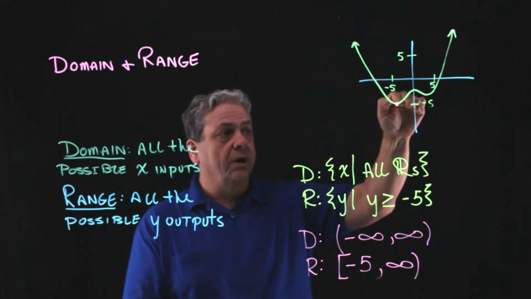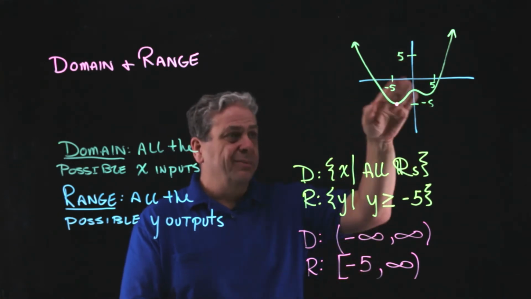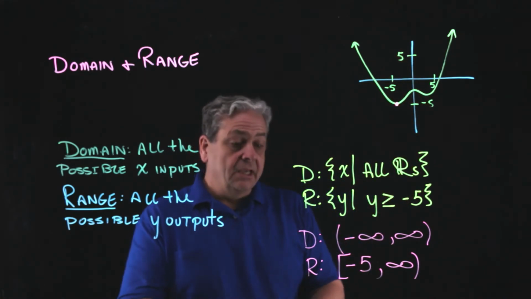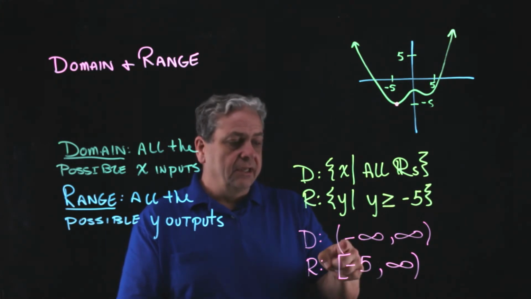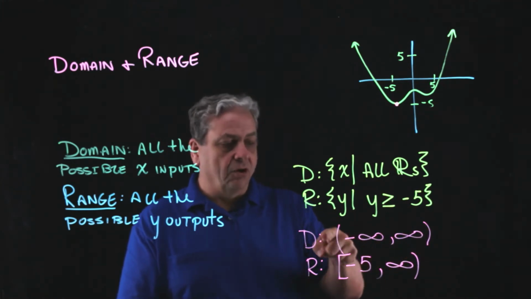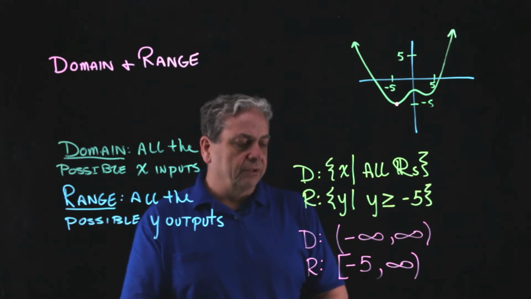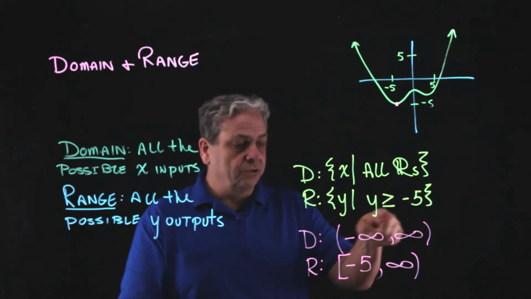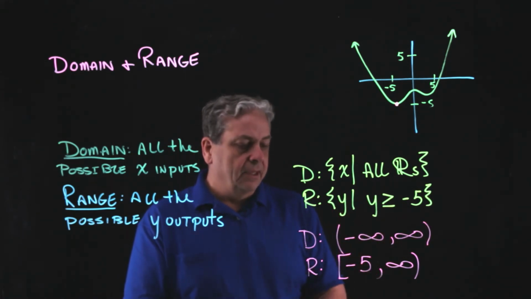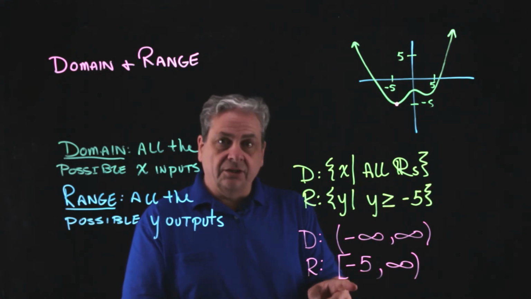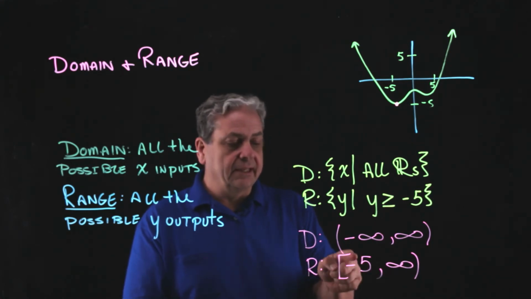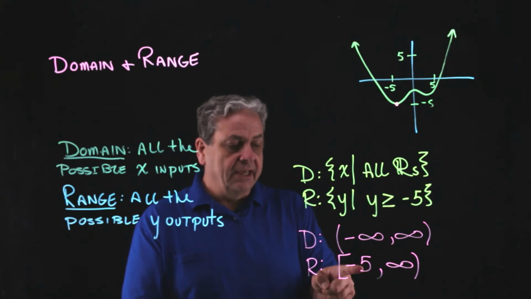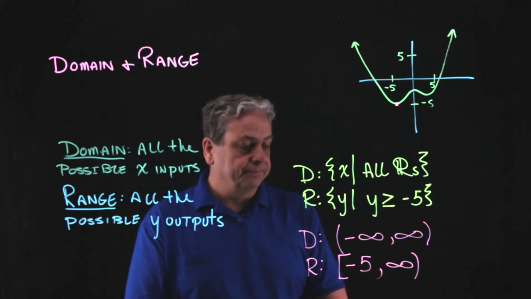So I can get y's that are greater than -5, but nothing less than that. And then in the interval notation, this will always mean all reals. So if you have all reals as a set of domain or range, you just use this notation. And then this would be the range written in interval notation, meaning that it's inclusive of -5 and it can go as high as infinity.